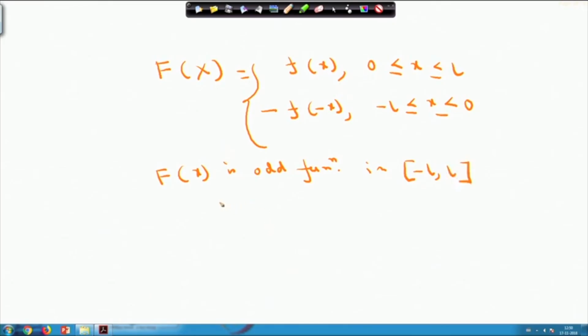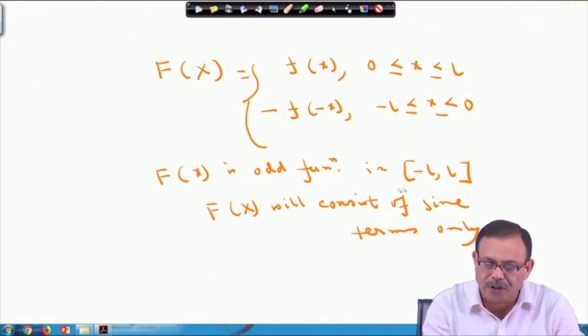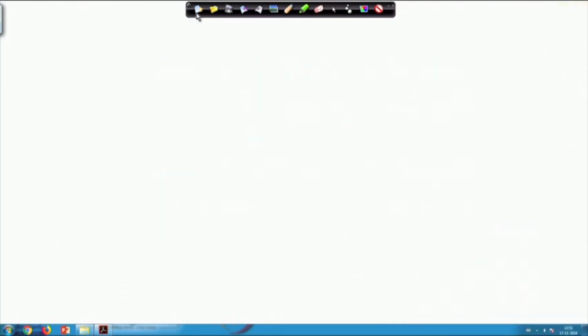So, now I know capital F x will consist of sine terms only. Please note this one. I am redefining the function capital F x such that in minus L to L it becomes an odd function, and capital F x consists of the sine terms only.